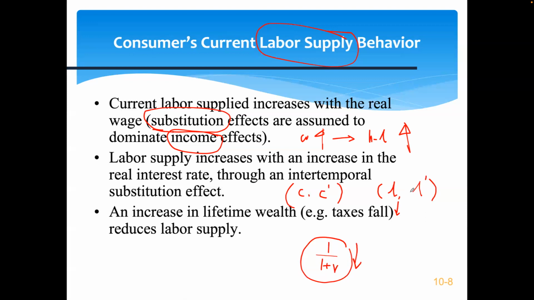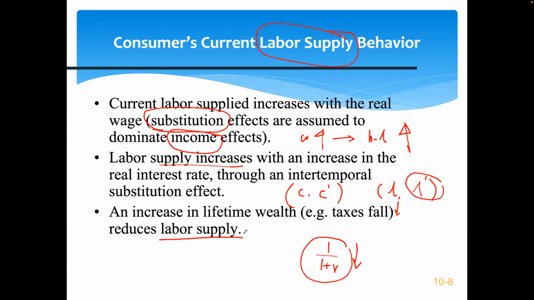That's why labor supply increases, because if you decrease the leisure, then your labor supply is going to increase. So when there's an increase in real interest rate, future leisure becomes cheaper. And then you want to consume more future leisure, and you reduce today's leisure, meaning today you're going to work more.